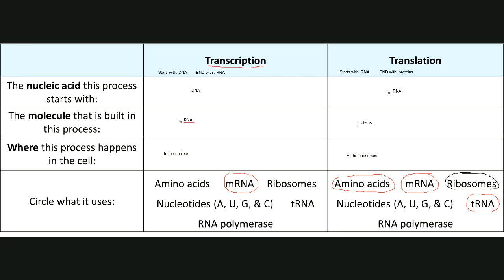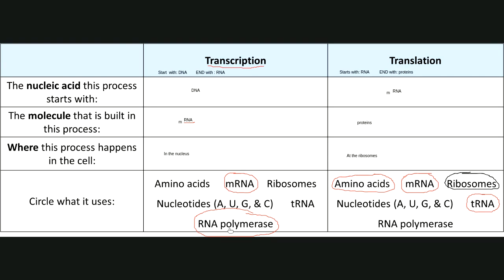Polymerase. Yeah, my polymerase down here. So RNA polymerase, that's going to be involved in the process of transcription. So it's building me mRNA. So far we've said that we build mRNA in this process. Here's the enzyme I use to build mRNA with.